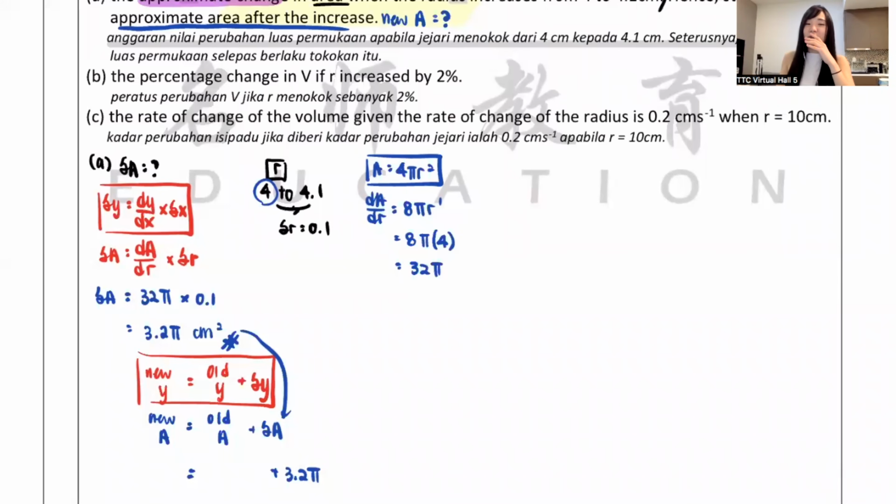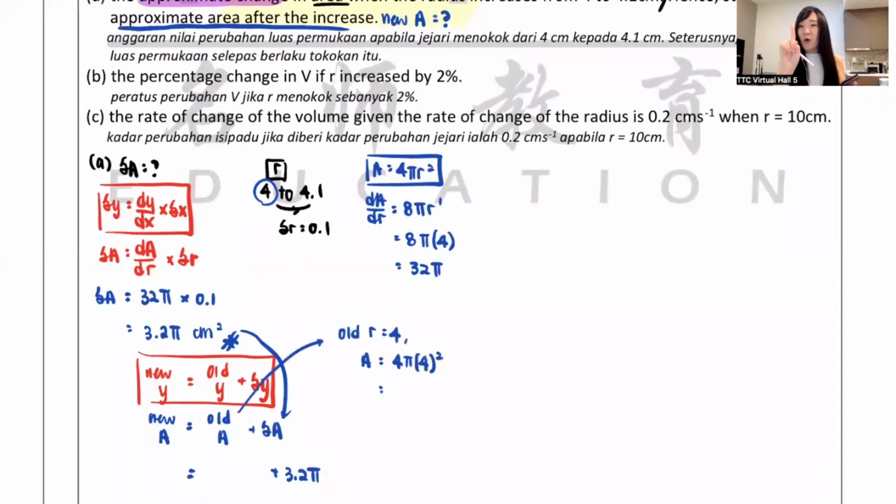So, my dear, what did I just say? Oh, so you must have an old area. Guys, where is my old area? What should I do? I don't even have an old area. Very good, guys. For the old area, you just need to have your old r. Your old r is what? 4. So your old area will be sub the 4 inside 4 pi r squared.